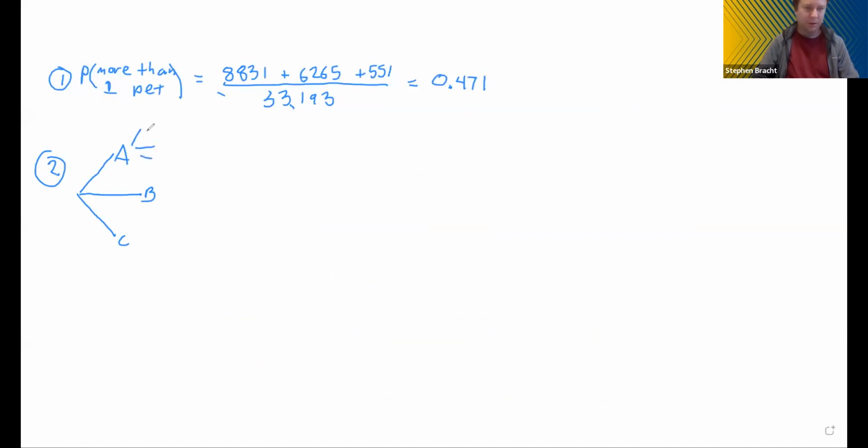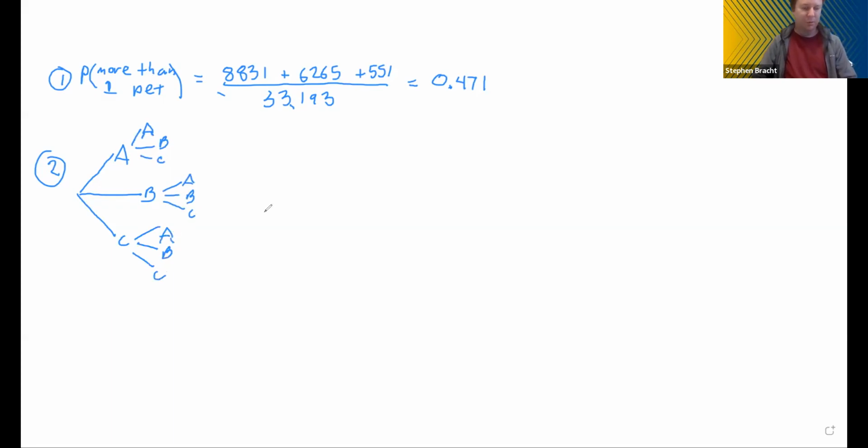So if I choose A for the first question, then I can choose A, B, or C on the second, right? Or if I choose B on the first question, I could choose A, B, or C on the second. Or if I choose C on the first question, I could choose A, B, or C on the second.